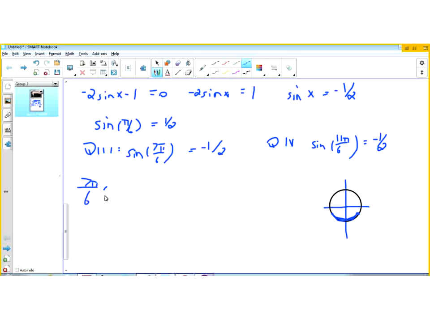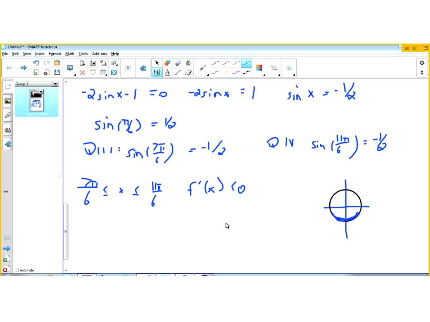if x is between 7 pi over 6, on this interval, f prime of x will be less than 0.